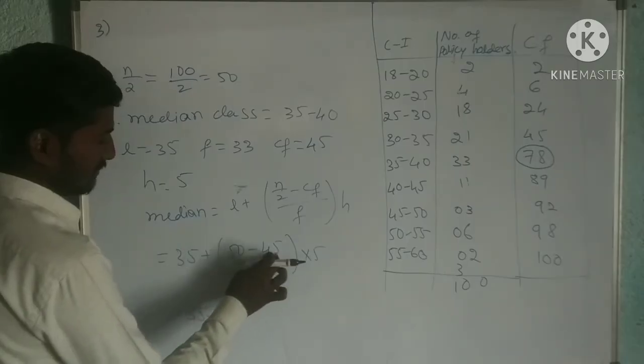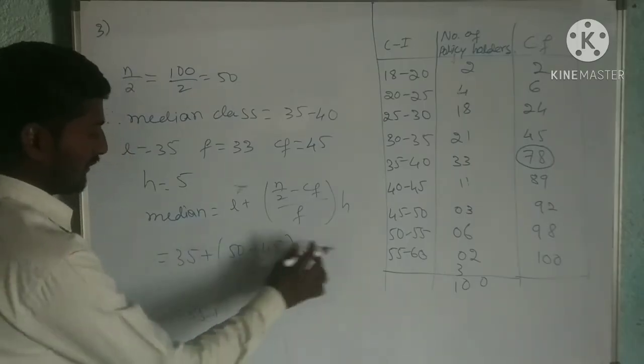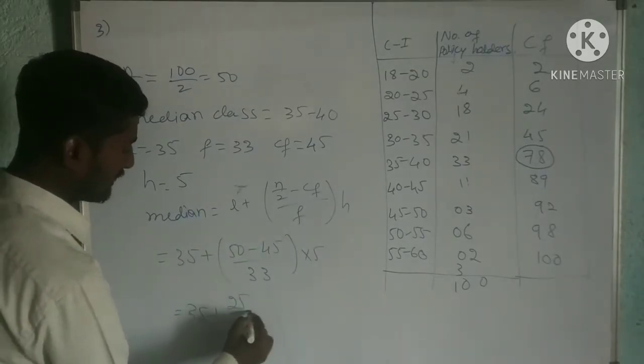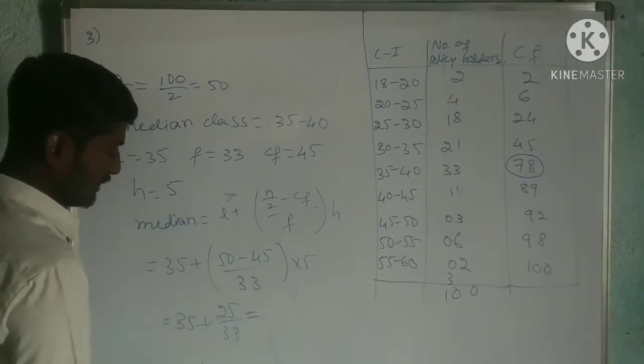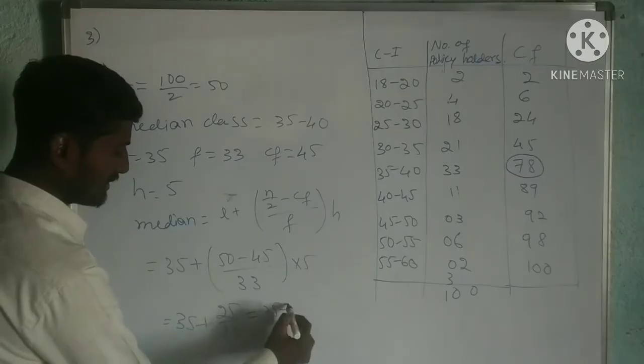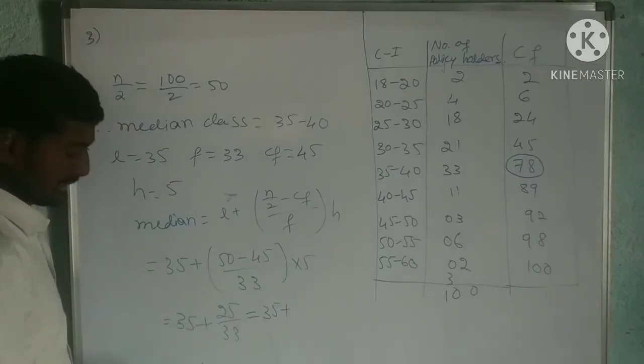Now this is 35 plus 5 fives are 25 divided by 33. This is equal to 35 plus 25 by 33.